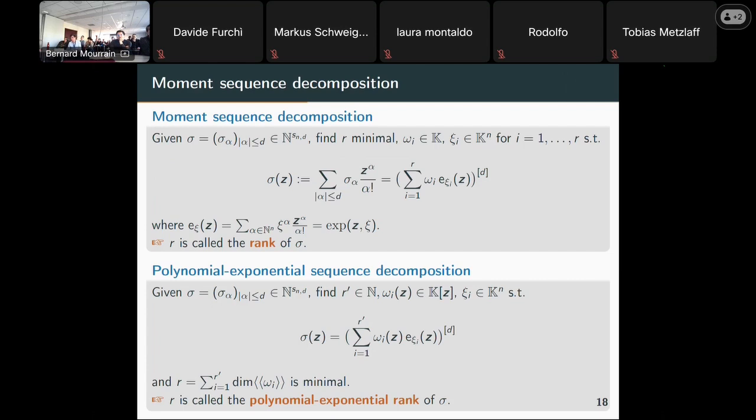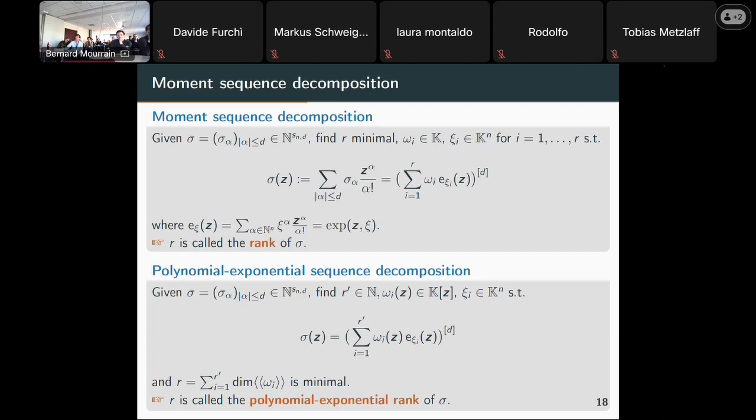And here, the polynomial-exponential rank is not the number of exponentials, but, yes, I didn't define it, the sum of the dimensions of the space spanned by all derivatives of this polynomial. So you take this polynomial in z, so z1, ..., zn, and you differentiate it with respect to z1, z2, ..., zn.